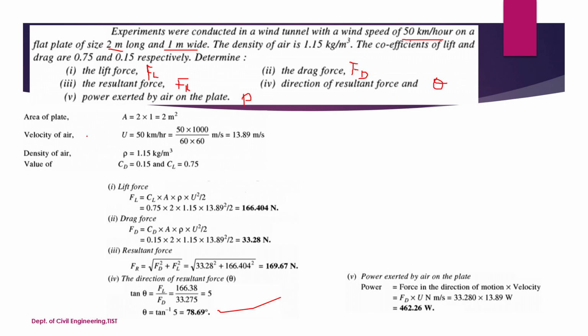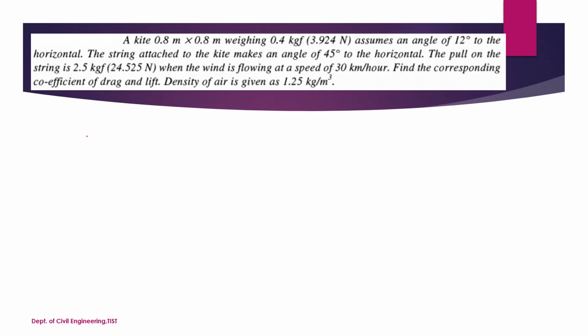So with that, we have one more problem. A kite 0.8 meter by 0.8 meter weighing 0.4 kilogram force, that is 3.924 Newton, assumes an angle of 12 degree to the horizontal.